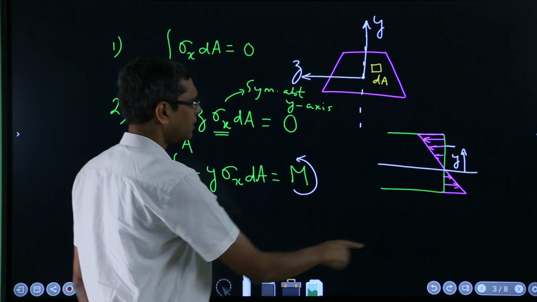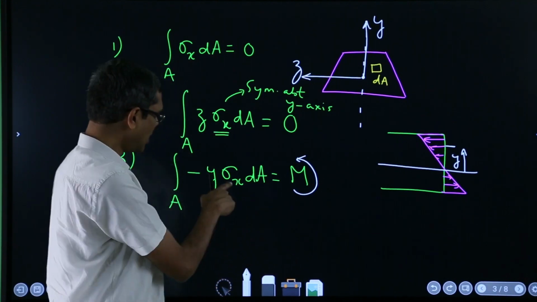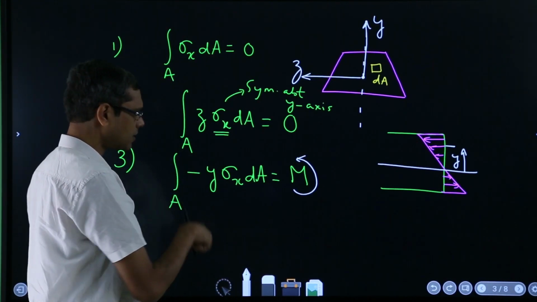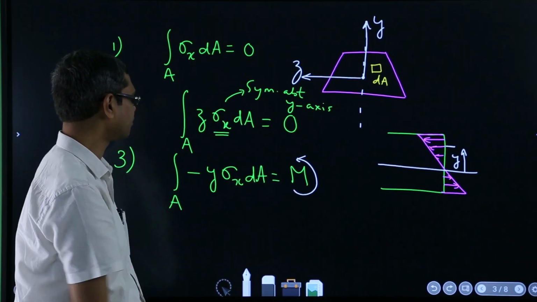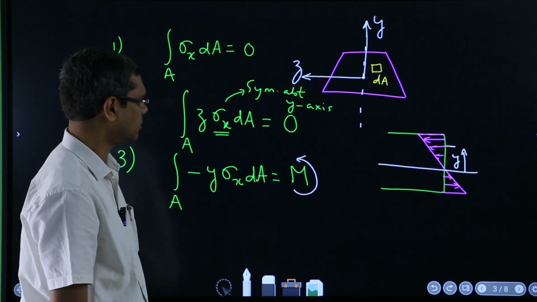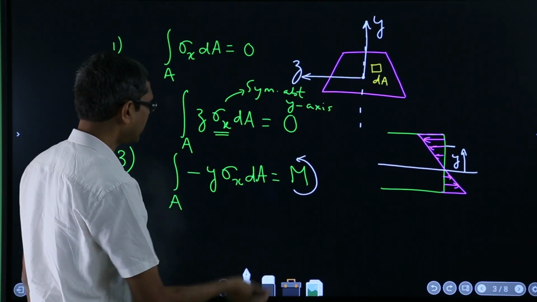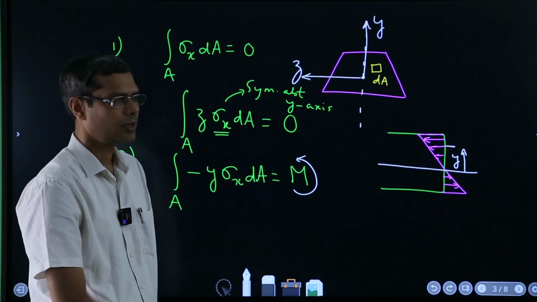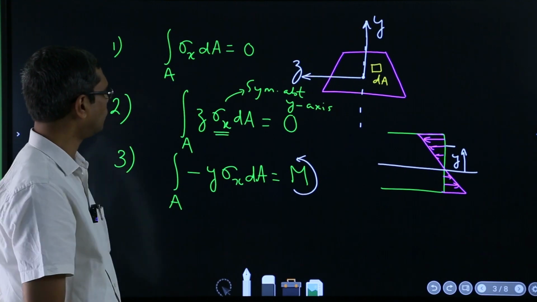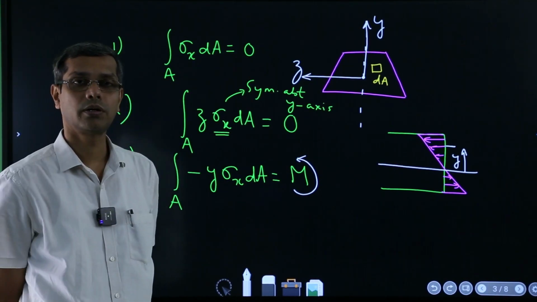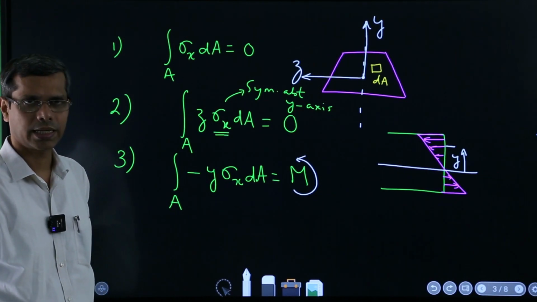Similarly, if I come to negative y, sigma x is now positive, but this negative y cancels out the negative sign, and again we get the positive sense. So that is why this negative sign sits here, to make our convention proper. These are the three basic force balance equations which have to be satisfied if the thing is in equilibrium.